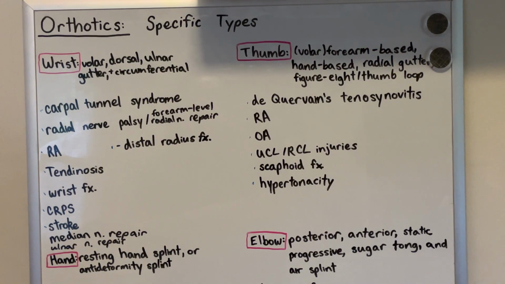Tendinitis is that acute inflammation, but tendinosis is more that chronic condition. You can still have those flare-ups where inflammation does occur, so the time when you would wear a splint with tendinosis would be whenever there are those flare-ups. And the actual positioning for tendinosis is going to be that 20 to 30 degrees of wrist extension.